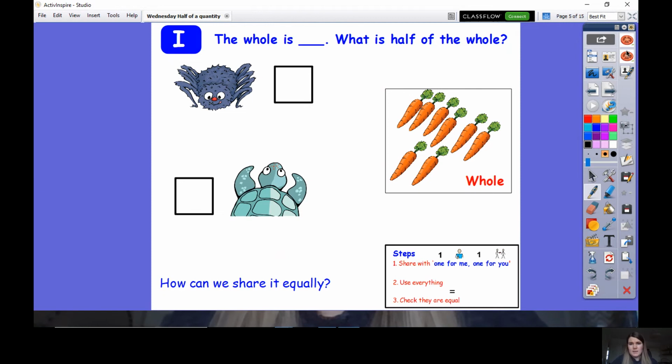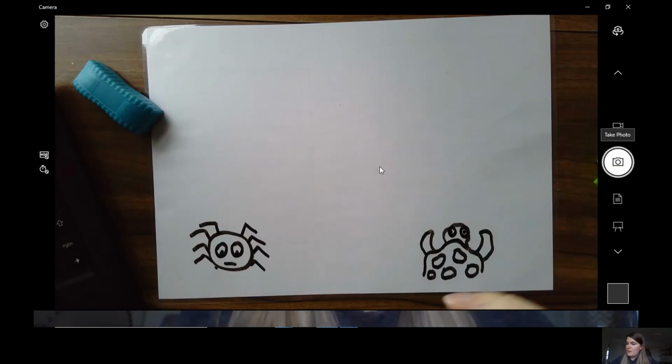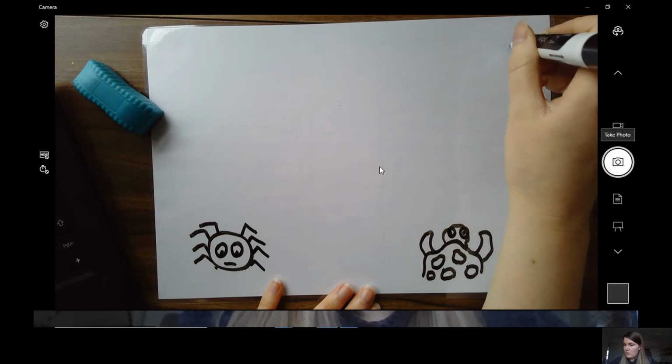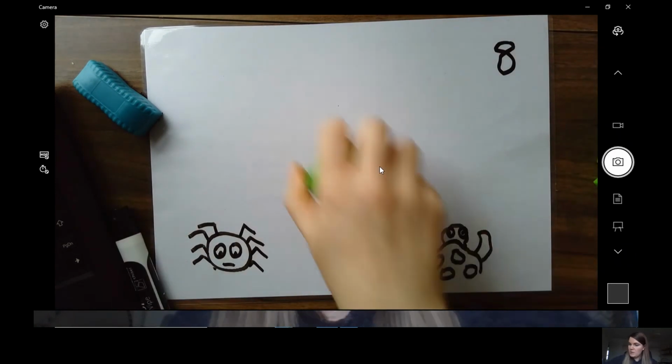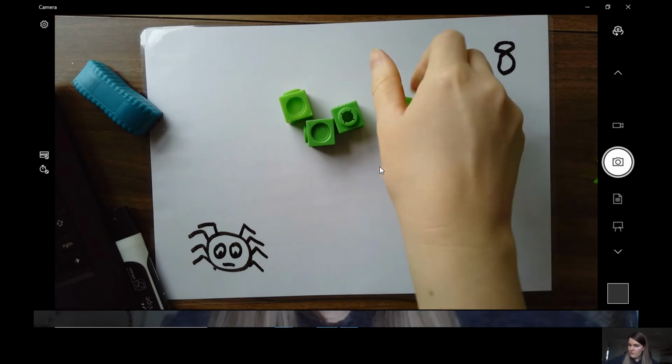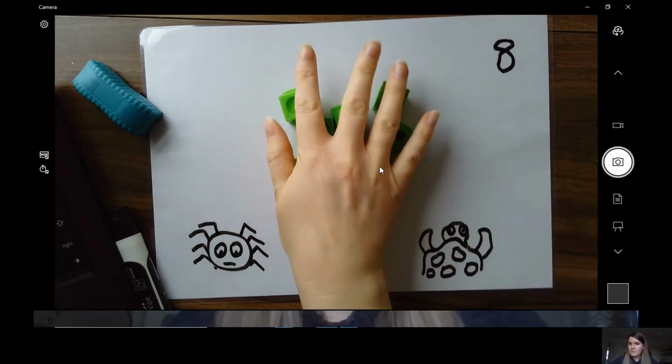So first thing I'm going to do is count what my number is. I've got 1, 2, 3, 4, 5, 6, 7, 8. Okay, so I'm going to write that number down, so I remember I want to use 8. So I'm going to get 8 cubes. 1, 2, 3, 4, 5, 6, 7, 8.